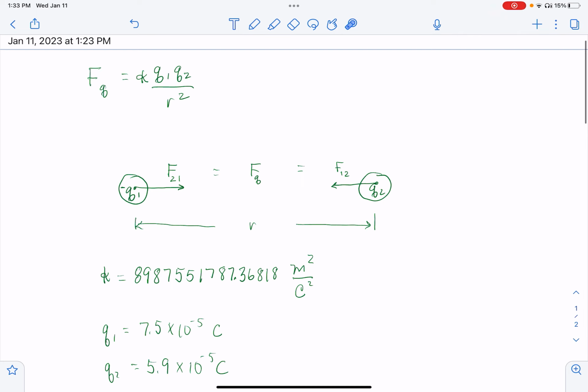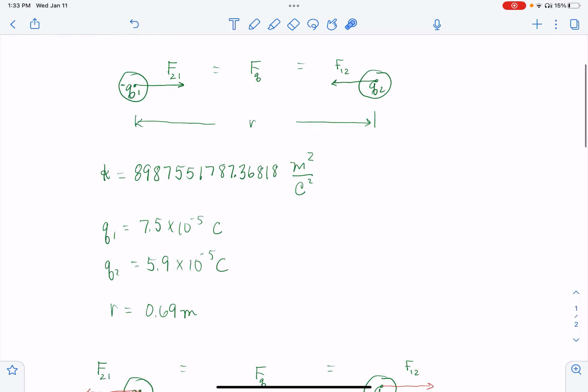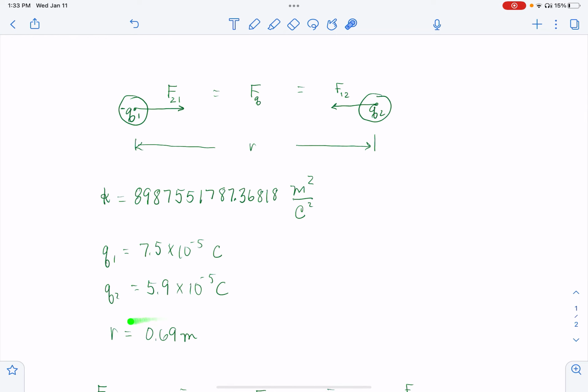So F sub 1 2 is just equal to the force of this charge acting on this charge, and F sub 2 1 is equal to the force acting on this charge from this charge. So basically, that's Newton's third law. Okay. Actually, we have our R here, and R is the distance of separation.